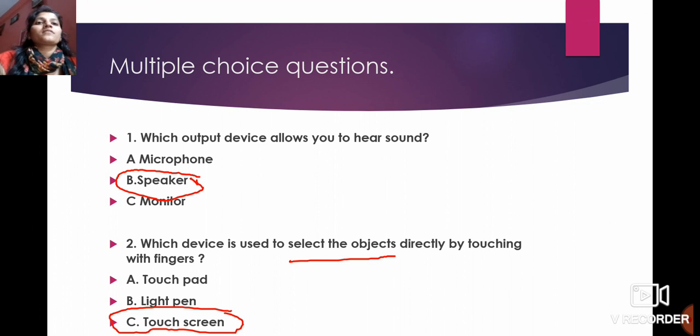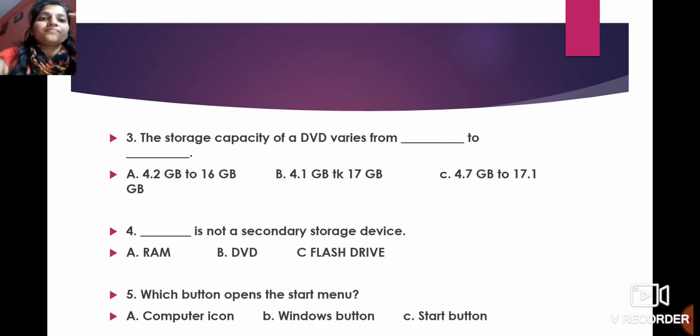Okay, next question. I hope you all are ready. The storage capacity of a DVD varies from dash to dash. So here students, we have to write the capacity of DVD, right?